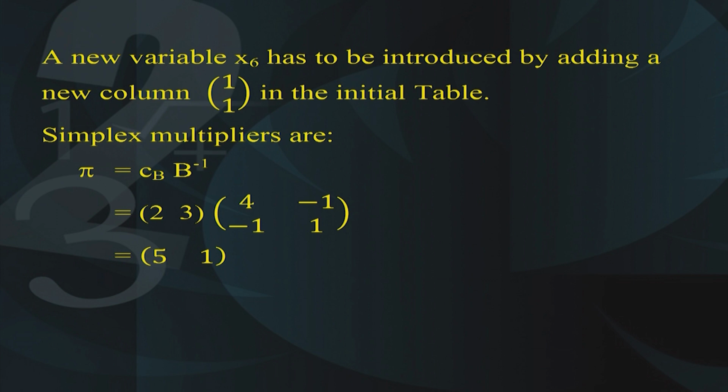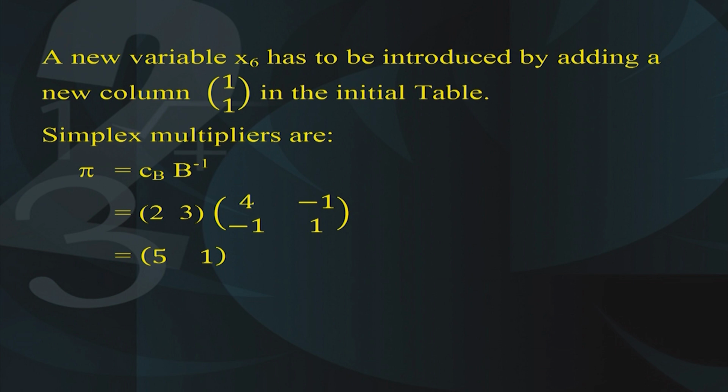It is given in the problem that if D has to be produced, then D requires 1 unit of labor and 1 unit of material. Therefore, this column vector 1 1 will have to be introduced into the initial table.